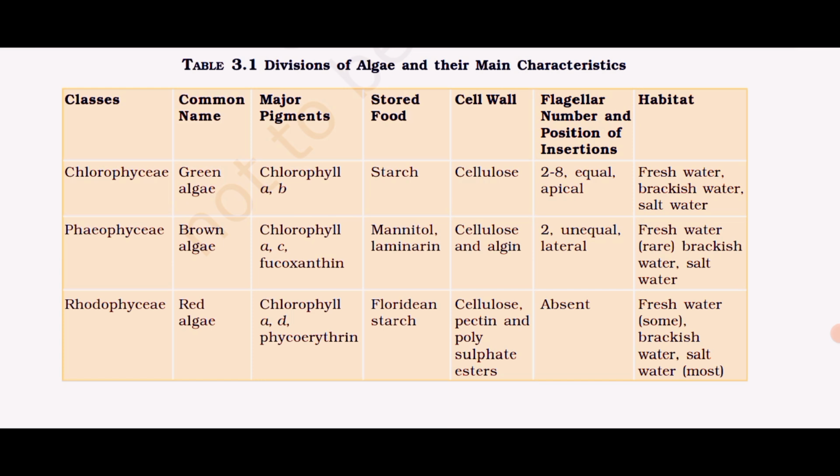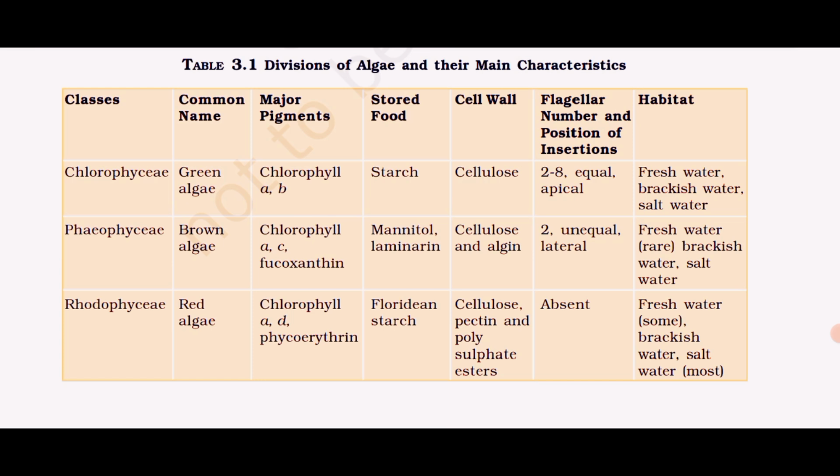Phaeophyceae, brown algae, chlorophyll a, c, fucoxanthin. Stored food mannitol, laminarin. Cell wall cellulose and algin. Flagellar number and position of insertion 2, unequal, lateral. Habitat freshwater (rare), brackish water, salt water.